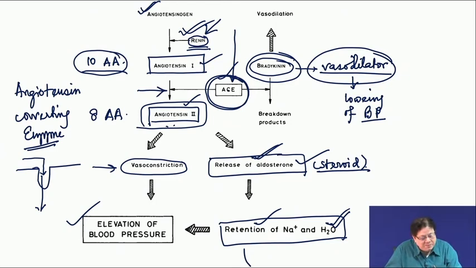So, this receptor, if you are using an external agent, remember, which is an antagonist. Antagonist means it binds here and does not produce any effect. Okay. So, angiotensin 2 cannot bind, and the vasoconstriction effect of angiotensin 2 is gone, and if you can block the other receptor which sends the signal for release of aldosterone, that will also be taken off.